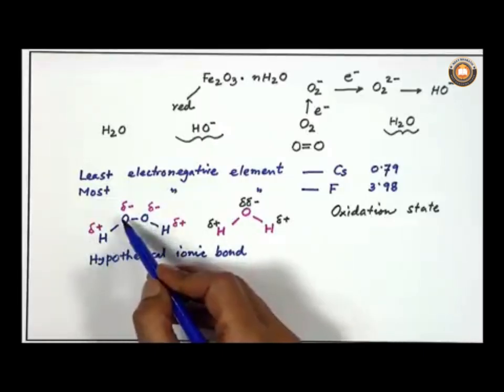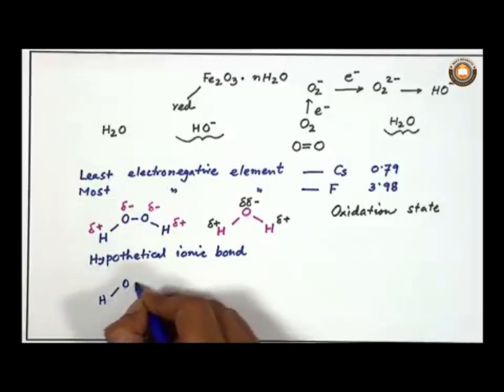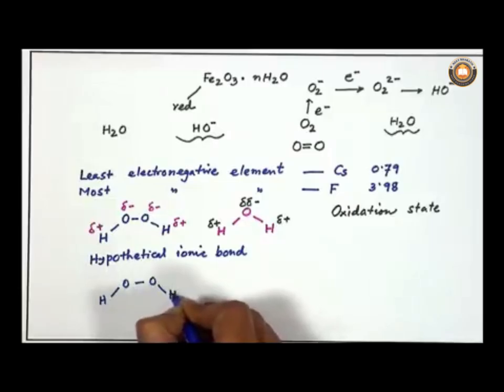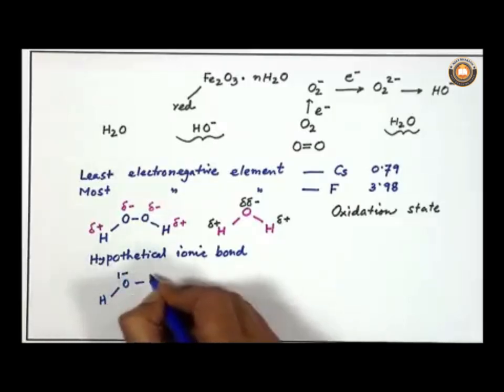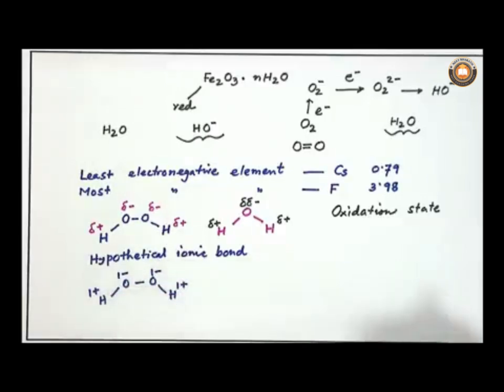So, a complete charge separation will give us something where H-O-O-H is there. So, it will be 1 minus, this will also be 1 minus, this is 1 plus and this is 1 plus.